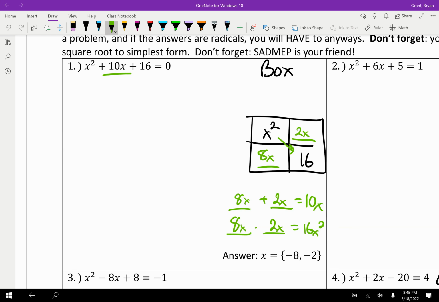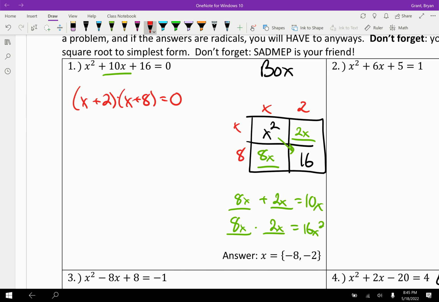And then we find the outsides. When we find the outsides, and this is what I meant about there being a 1 here, you'll find that the outside numbers just match the 2 numbers that we found, x and x, 2 and 8. So we can go through and just say, well, this becomes x plus 2 times x plus 8 equals 0.